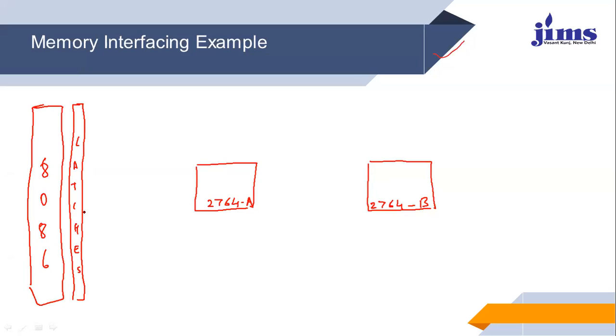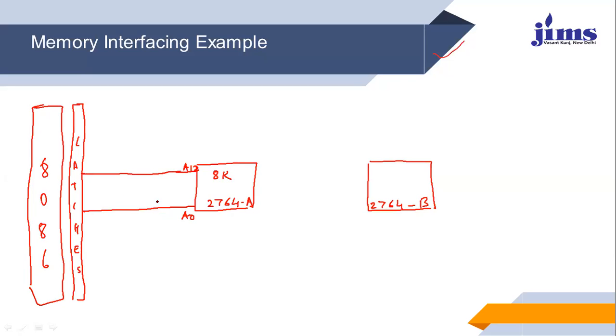From these latches, I will configure the address lines A0 up to A12, 13 lines for the 8 kilo.